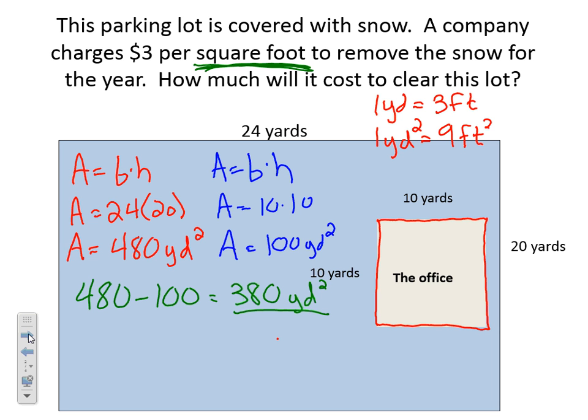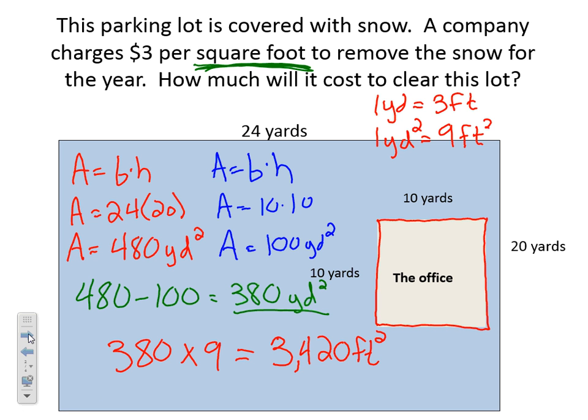So we're going to take our total, 380, and we have to take it times 9, and we get 3,420 feet squared. Now we're still not done. We know how many feet squared our parking lot is, but now we need to figure out how much we're going to pay.